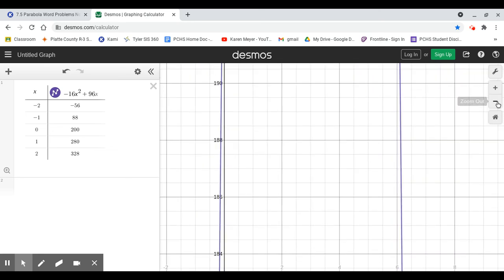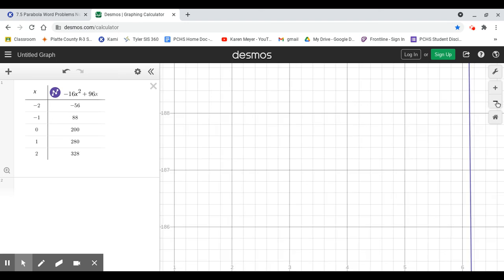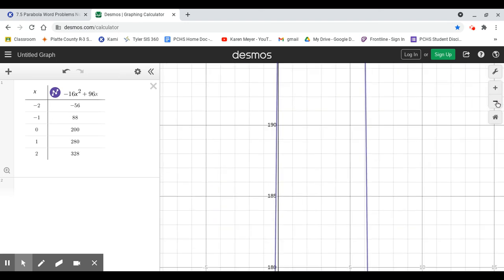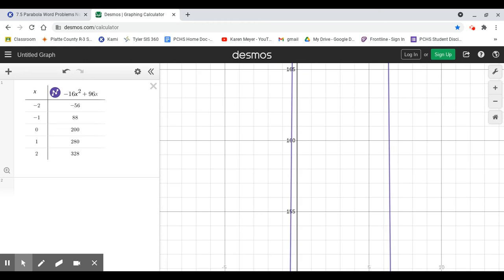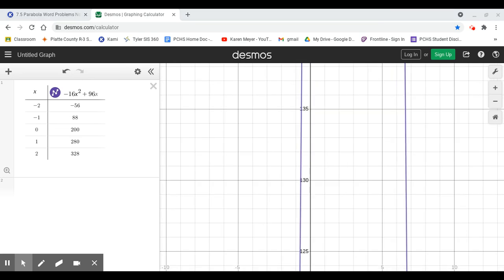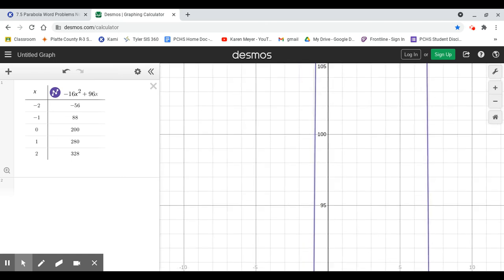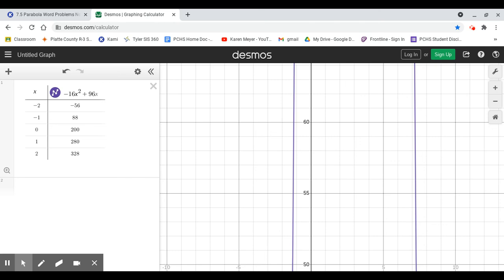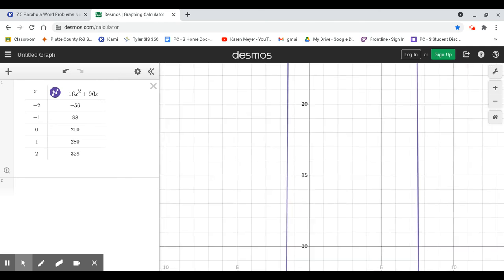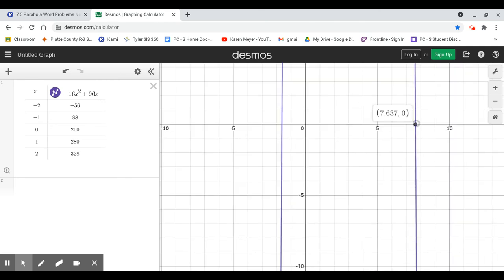Got a little happy with my scrolling there. So the x-intercept farthest on the right will be about 7.6 seconds.